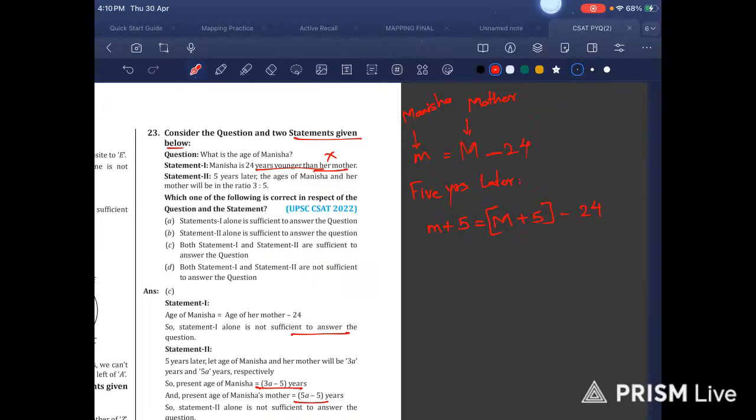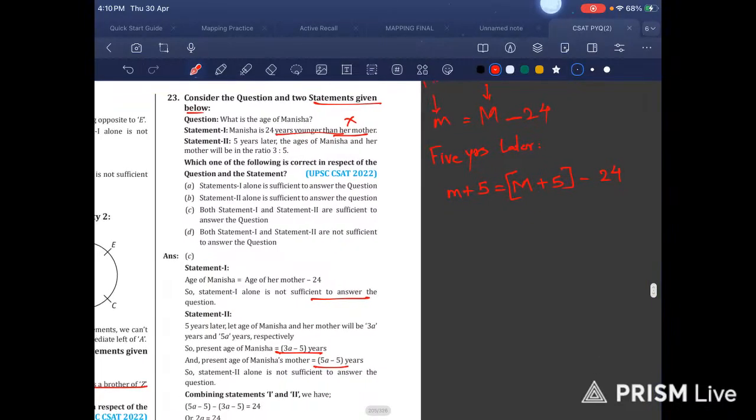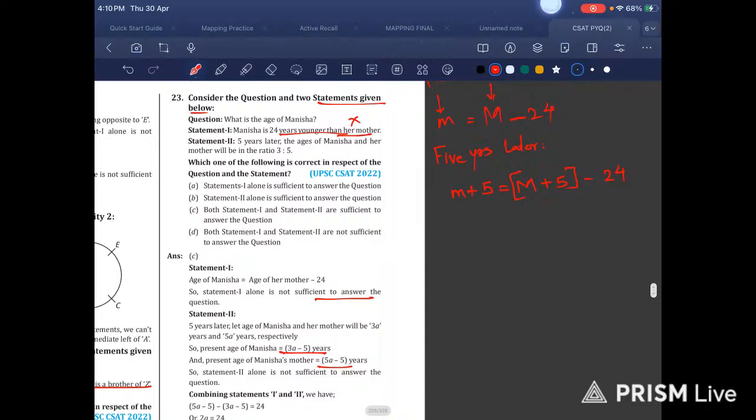Now let us move to statement number 2. What do we have? 5 years later, the ages of Manisha and her mother will be in the ratio 3:5. 5 years later, the measure will be 3a. So this becomes what ratio? 3a is to 5a.